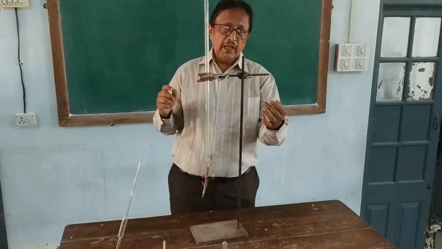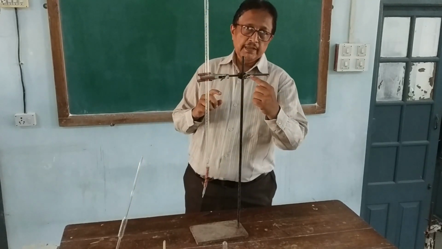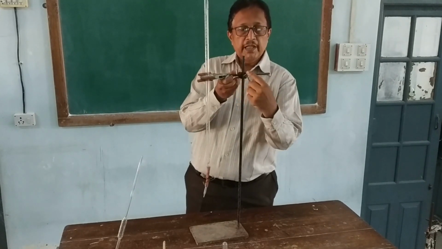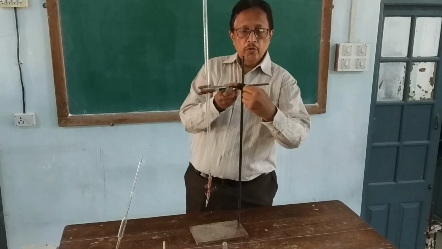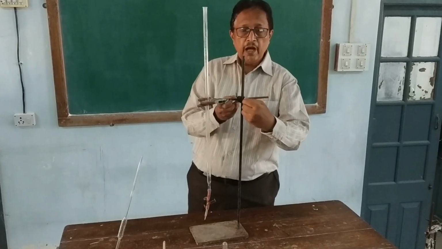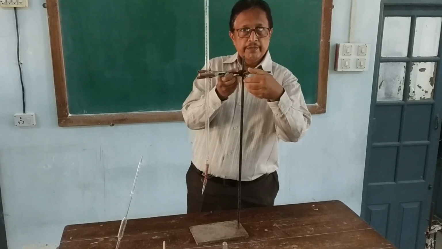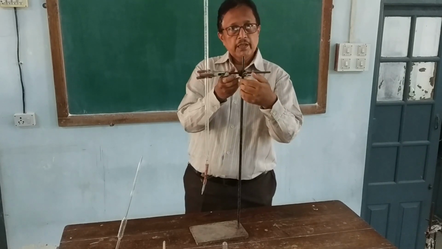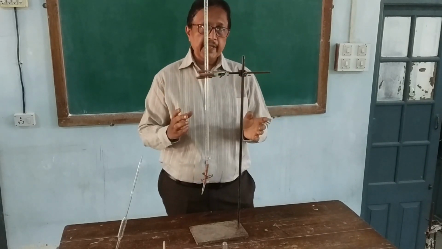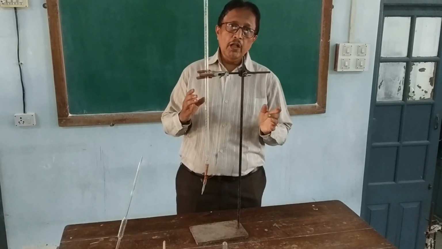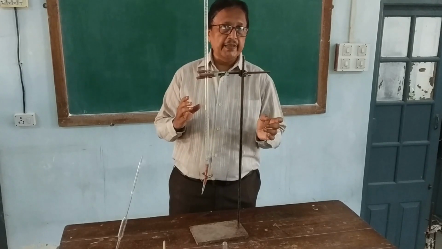Two other knobs are there. First one is this, that this knob is used to move the burette up or down, or stand up or down, because when you are performing your practical on the table, it may be possible that all of you are not the same height.